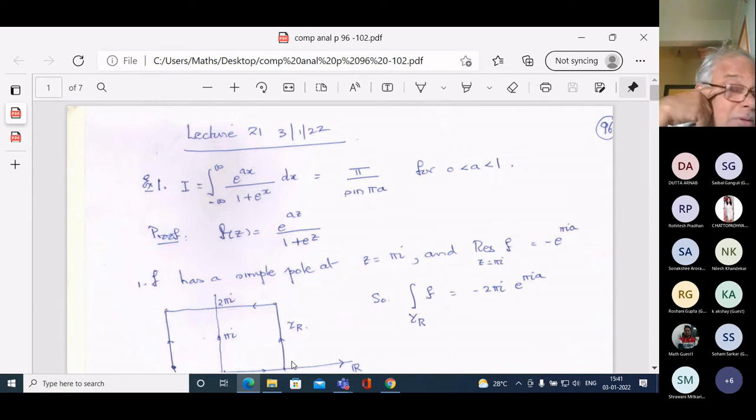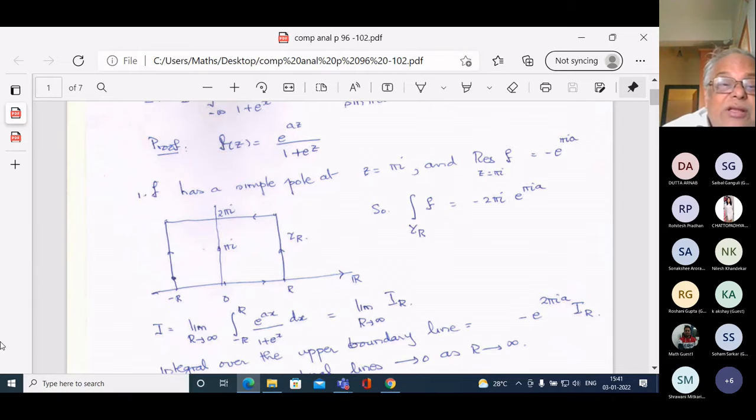It has a simple pole at pi i, and the residue of the function at pi i is minus e raised to pi i a. You should be able to calculate this. So the residue is equal to this, and therefore the integral of f over this contour is the sum of the residues, which is this.